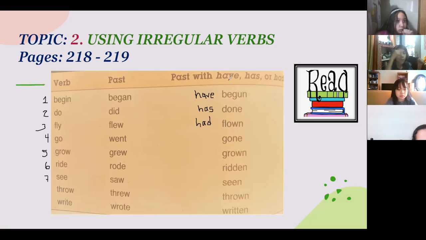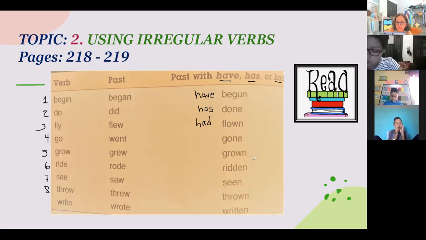When we have one of these verbs, have, has, or had, before seen. Number 8, we have throw, threw, and thrown. We can have thrown, has thrown, or had thrown.